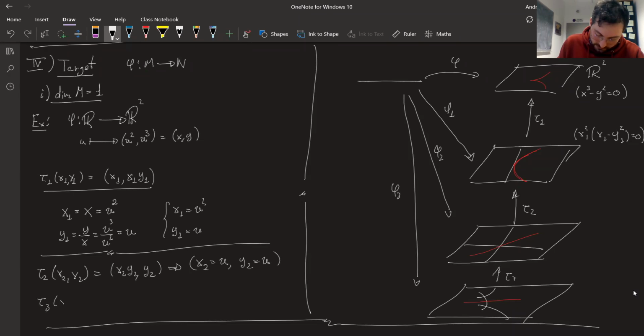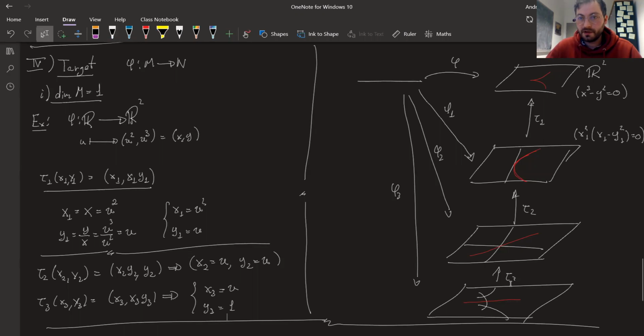And if we do the last one, it doesn't really matter which chart we take, then we get that x3 is equal to u, and y3 is equal to 1. And with one little translation of the target for this to be equal to 0, we get the monomial morphism that we wanted. So the essential thing here was to blow up the target in such a way that the curve that we obtained was non-singular.